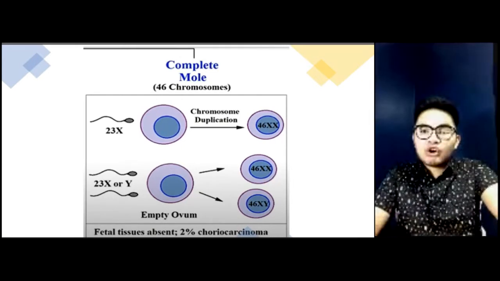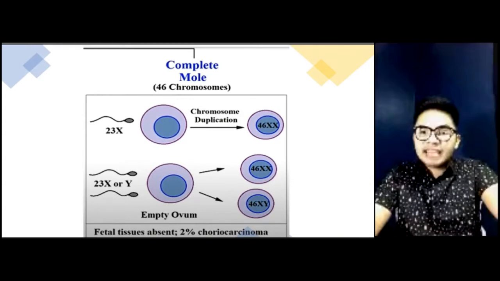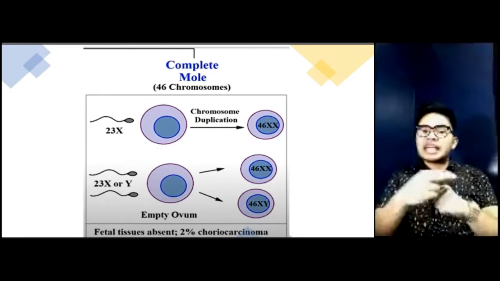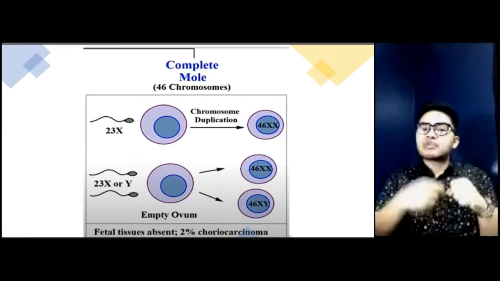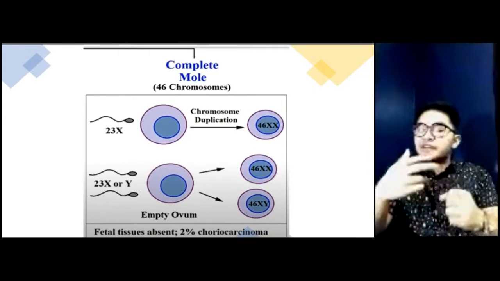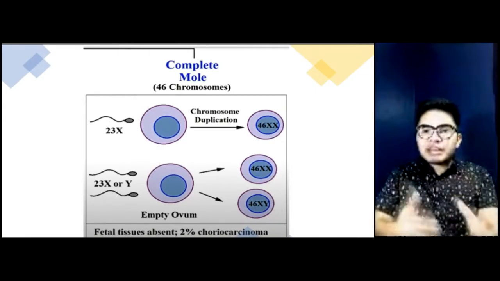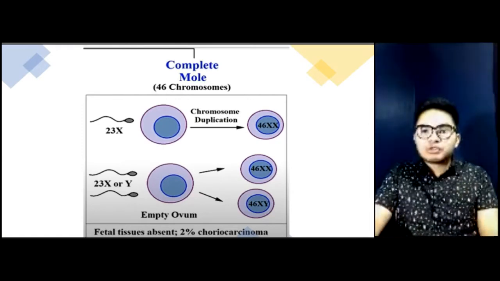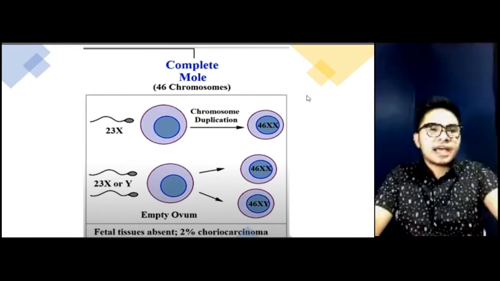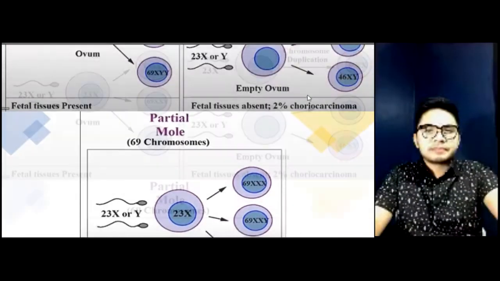And we all know that carcinoma is cancer. Choriocarcinoma, cancer in the chorion, which is the outer layer of the embryo, the outer layer of the fertilized egg. And so, if proliferation happened, there will be the presence of grape-like structure inside the uterus. That is the differentiation between complete mole and partial mole.